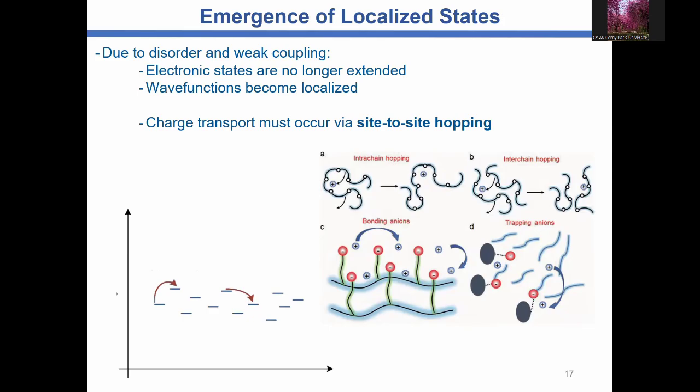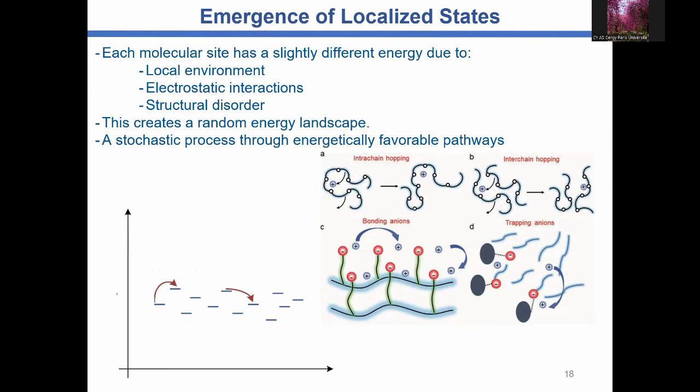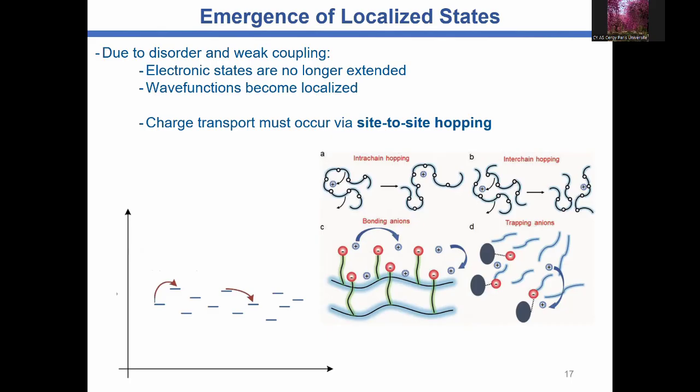Here is what I'm saying regarding the localized states. We have transport through hopping between localized states. So you can move the electron to the nearest state in terms of energy, but they are not totally overlapped. So it means that we have this hopping between the states.